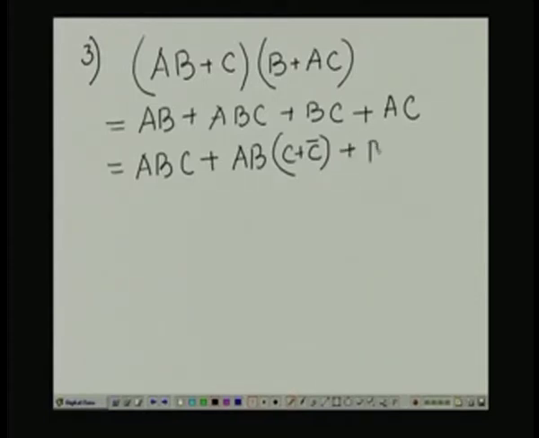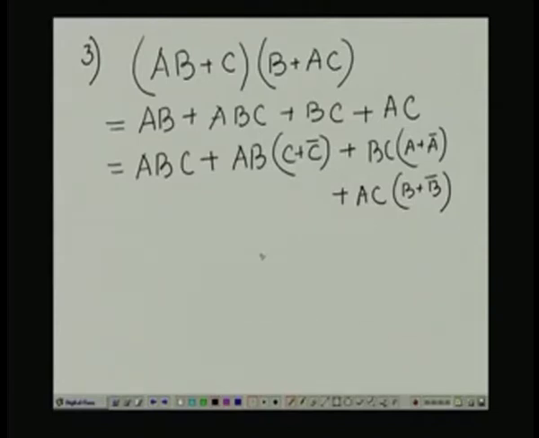Similarly, when I take b c, I will add a plus a bar, and for a c, b plus b bar. Just notice that when I am taking a term and taking the product, I take the remaining literal which does not exist in the term. See here, a b, so the remaining literal c was not here.